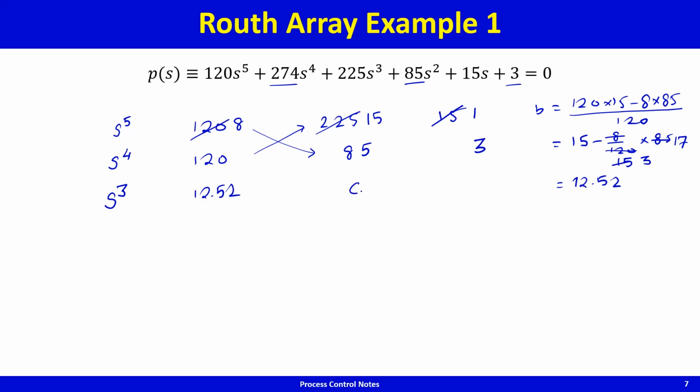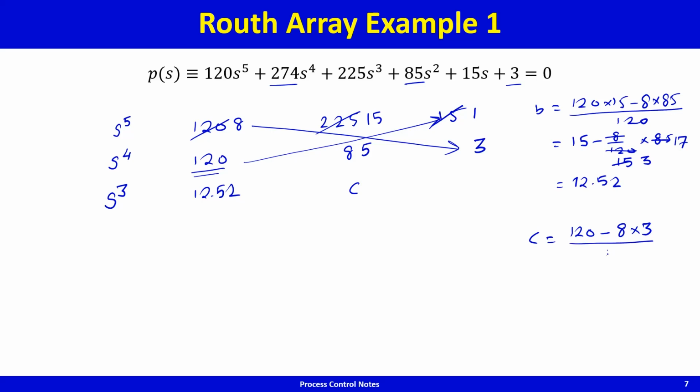Let's call this element C. What is this element C going to be? The element C is going to be this times this minus this times this divided by this. So that's going to be 120 minus 8 times 3, divided by 120.